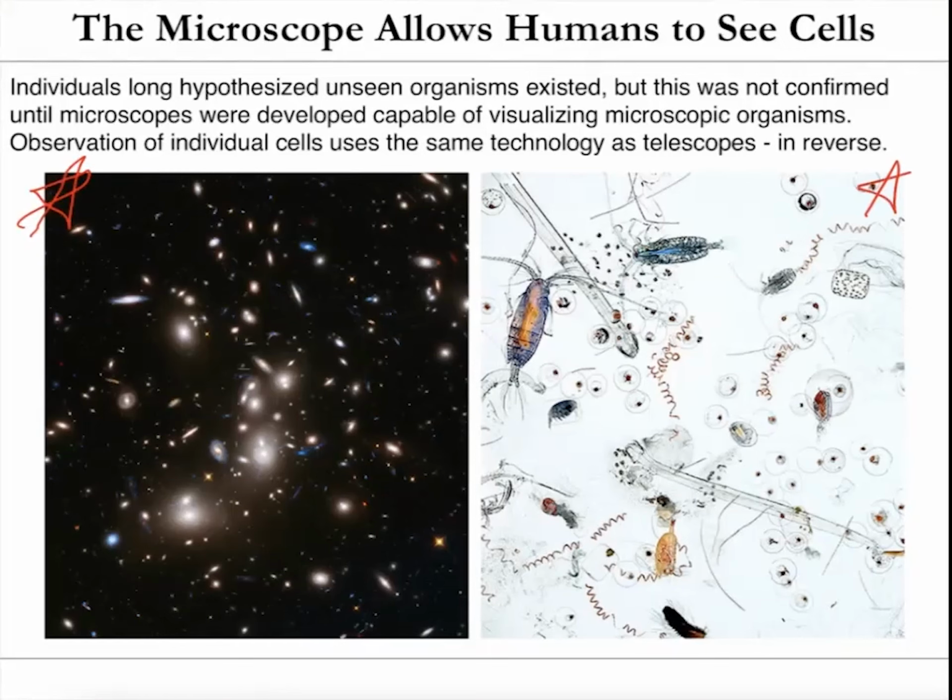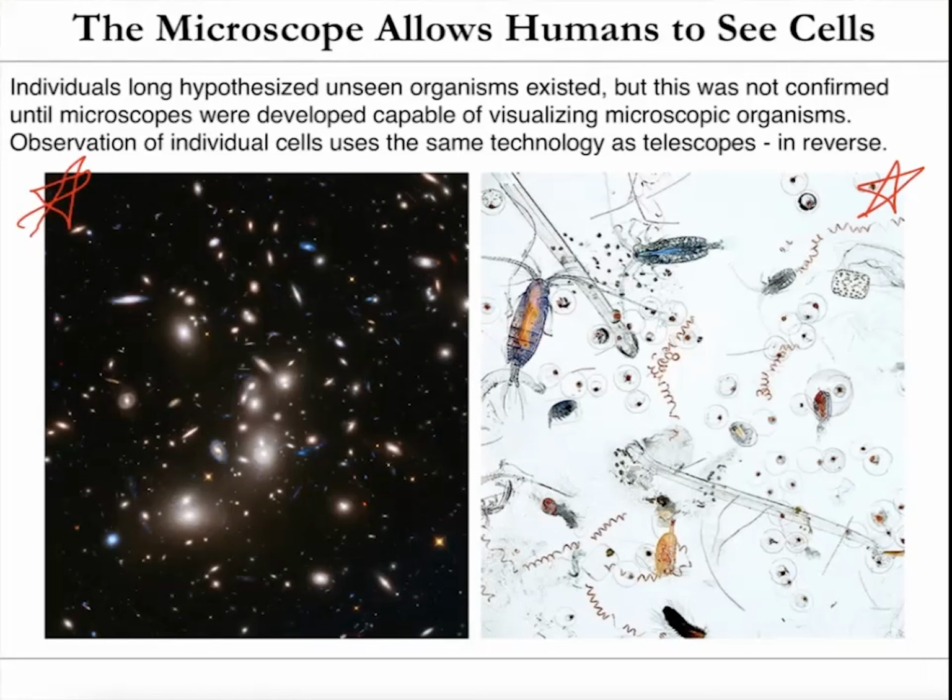Microscopes are basically just, you have to do some modifications, but Galileo apparently reversed his telescope and changed it so that he could see microscopic organisms and stuff like that. He didn't really record a lot of it or spend a lot of time. He was more interested in the stars, apparently.